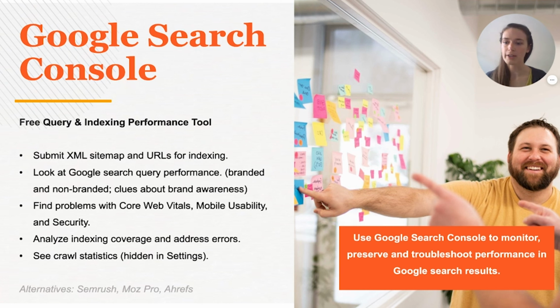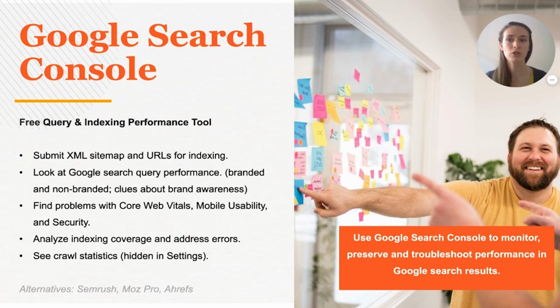And after you're all ready to go, you have many options for analyzing and improving your site's performance there. We will just quickly walk through some of the main actions that you can accomplish. The first is submitting your XML sitemap and your URLs for indexing. So your XML sitemap is one of the simplest one-stop shops for a search engine to look to find all of the SEO relevant pages, most important pages on your website.